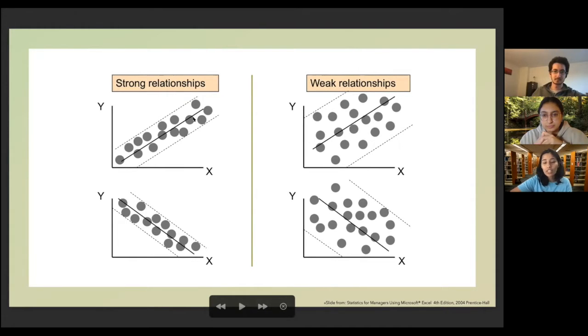These relationships between data could be really strong, as you see on the left here, where all the data is very close to this predicted line, whereas there could be a weak dependence of Y on X, on the right side of this plot, where you see that Y is really spread out.